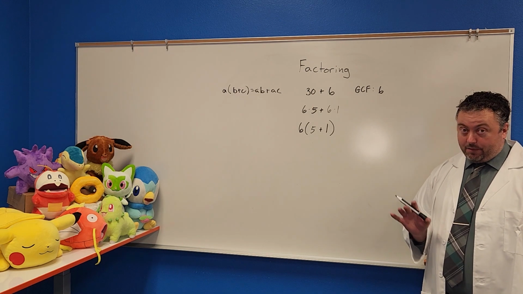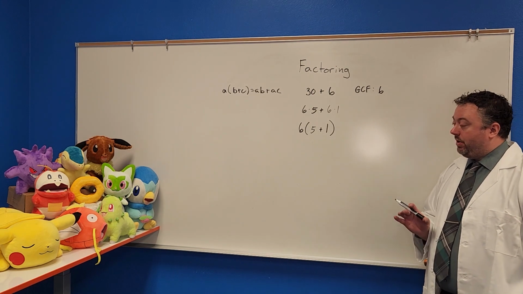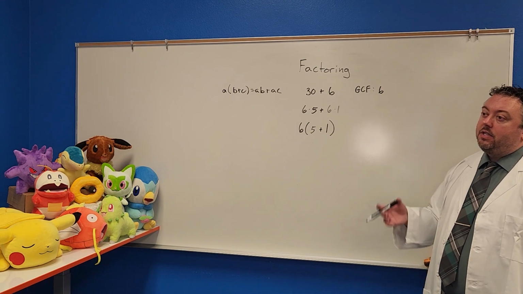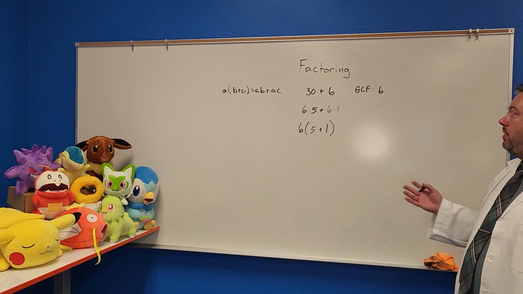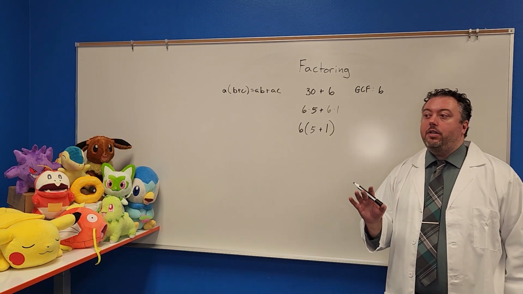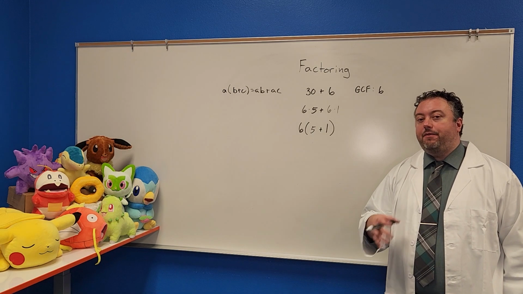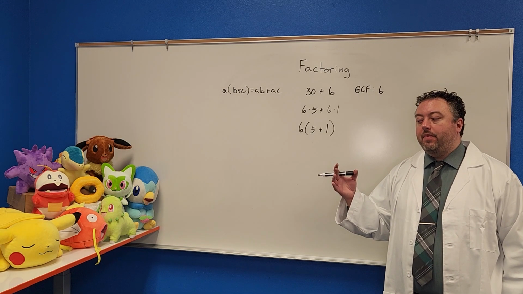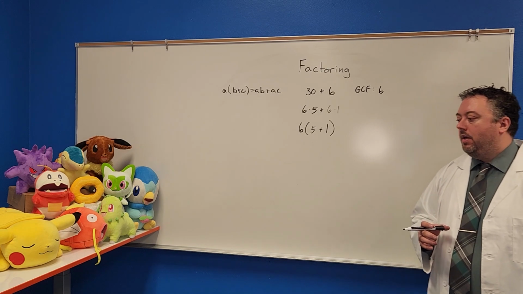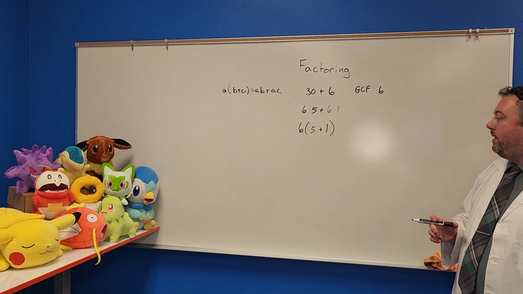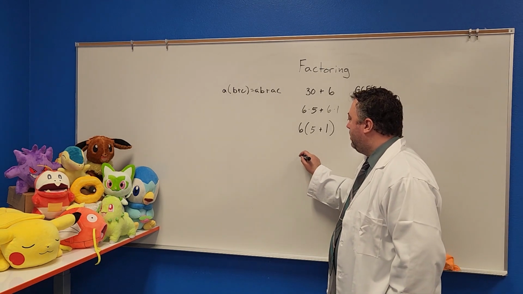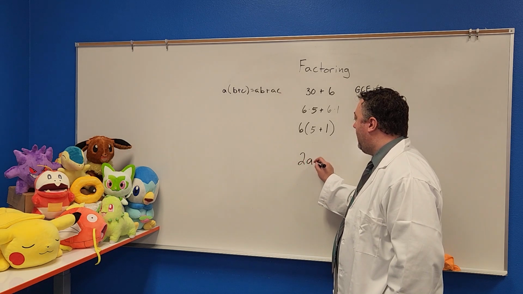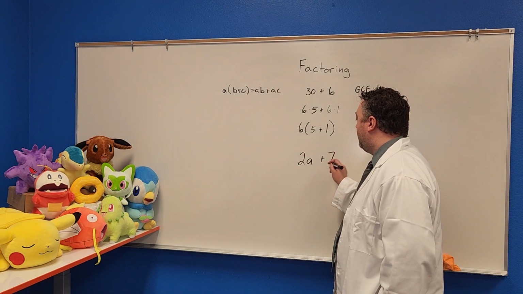Now there's a second form of factoring that I want to make sure you also see as well, because this one doesn't use the greatest common factor. It uses a different idea, a different concept to handle it. So 2a plus 7.